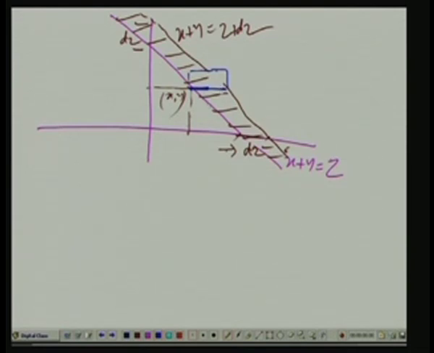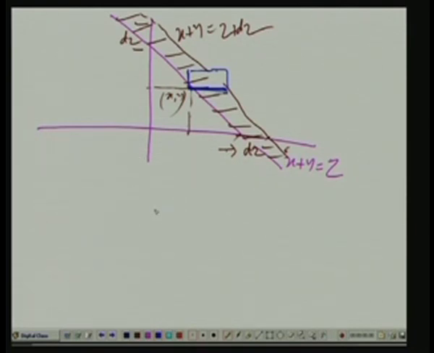What is this length? This length is clearly dz, these are the same. Here y was fixed, x is fixed, x plus y is z. Here x plus y is z plus dz, but the value of y remains unchanged whether here or here. So, only x changes from x to x plus dx, and that gives rise to z plus dz. That means this dx or dz, they are the same. So, this is dz and this is dy.